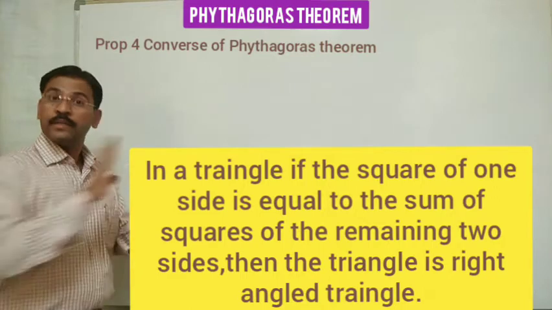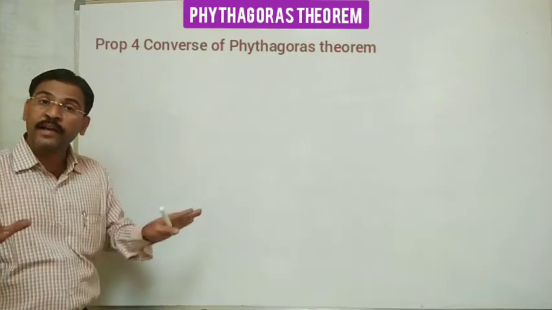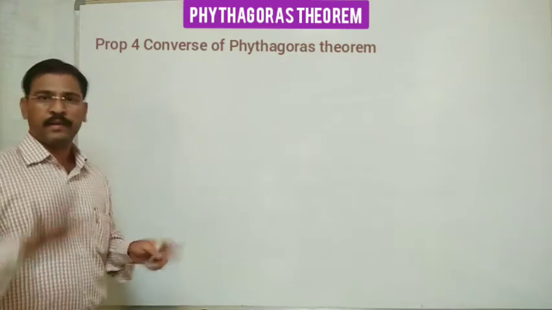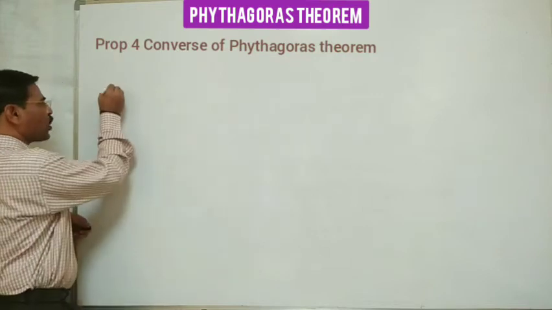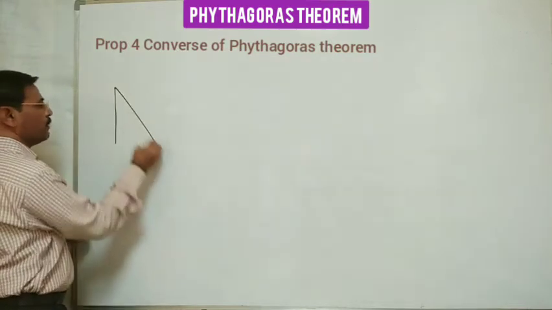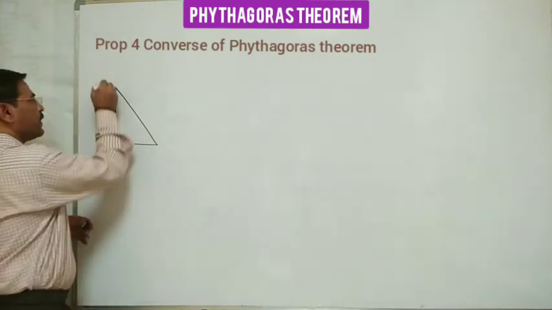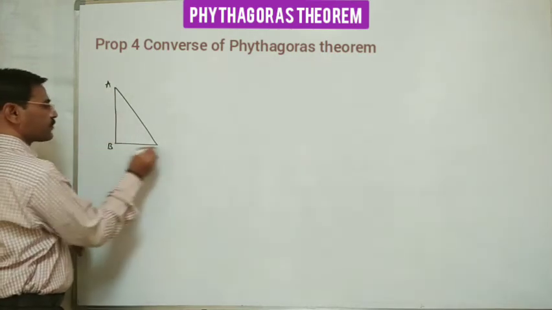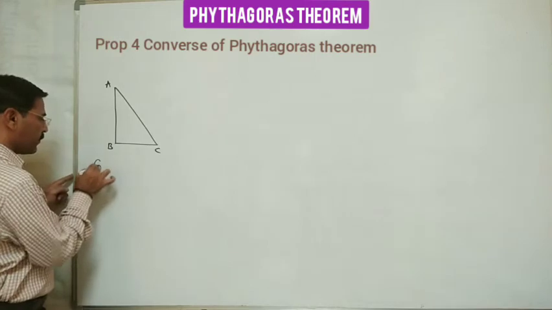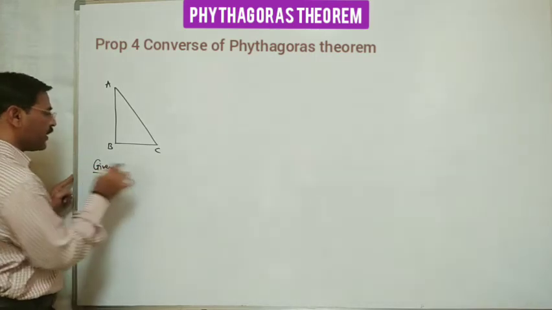The given triangle is not a right angle, and we have to prove it is a right angle. So I will draw it like a right angle, but I am not mentioning the right angle here. I will take ABC. What is given?